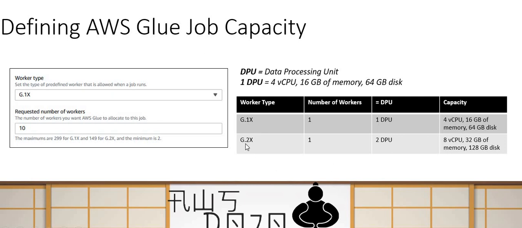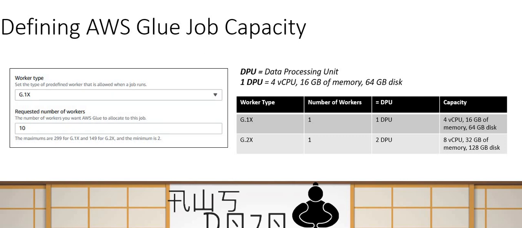In case of G.2X, one worker equals 2 DPUs, and that means one worker will have a capacity of 8 vCPUs, 32 GB of memory and 128 GB of disk space. So that's how when you select your worker type and number of workers, it converts into DPUs, and based on the number of DPUs, you get that many vCPUs, GB of memory and GB of disk space.